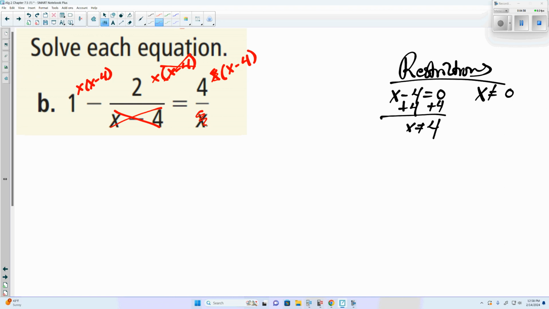Because 1x times x minus 4, because all of that stays since nothing was simplified, minus 2 times x, or 2x, equals 4 times. Questions on this here?